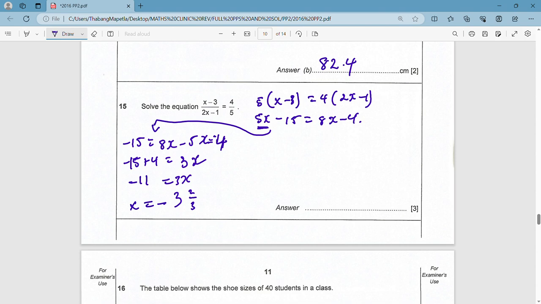Okay, it's a negative, so it's going to be negative 3 and 2 over 3. Sorry, 2 over 3.